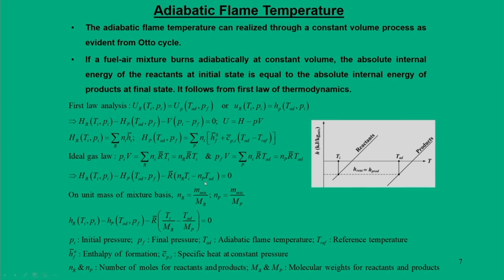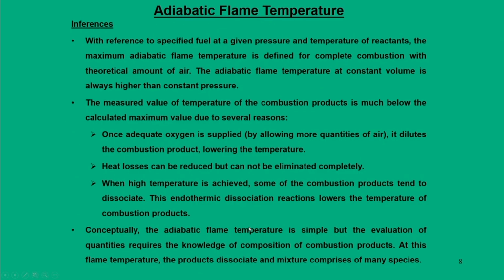We can also use mass fraction analysis by converting moles into mass. If you do this, the workable equations become this enthalpy information through their molecular weight for reactants and products. Now, this is the overall philosophy of adiabatic flame temperature.